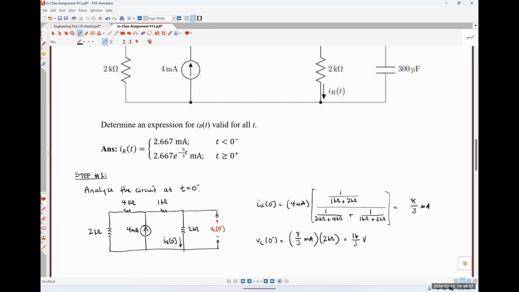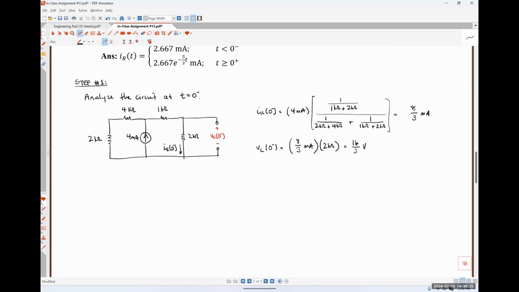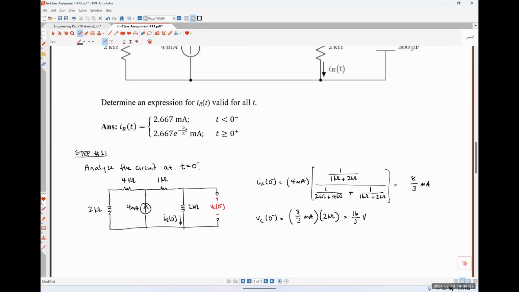So before we move on from this step, does anybody have any questions about any of the analysis we did to determine either of those two quantities? All right. Because there's not a ton of room on this page, I'm going to make a table up here to keep some of our information.